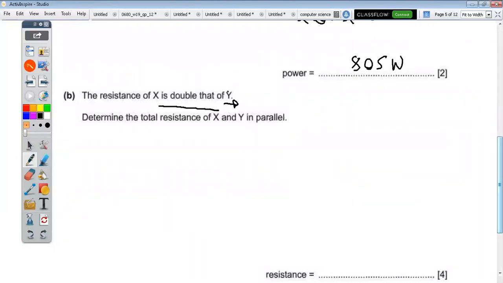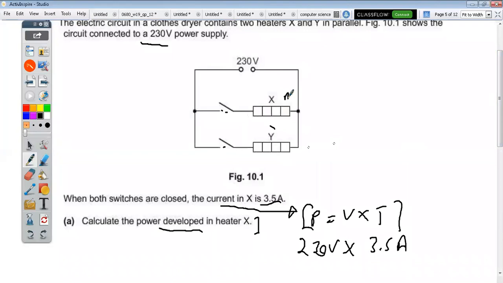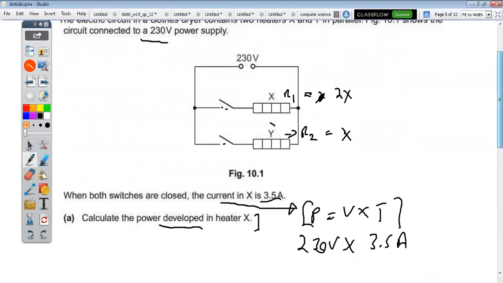The resistance of X is double the resistance of Y. So we're saying this resistance, maybe you can call it 2X, and this one is X. We're saying that the resistance is double. The resistance in X is double the resistance in Y. Are we clear? Yes, sir.